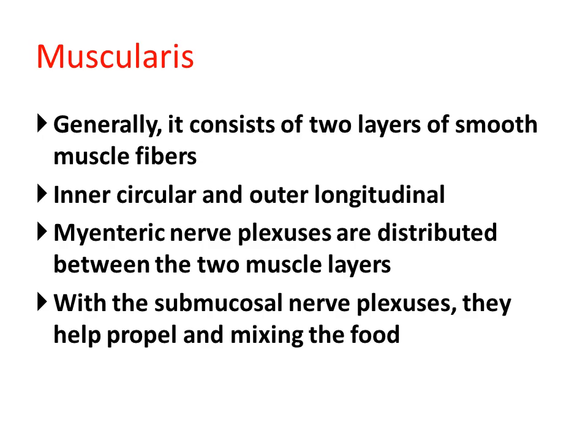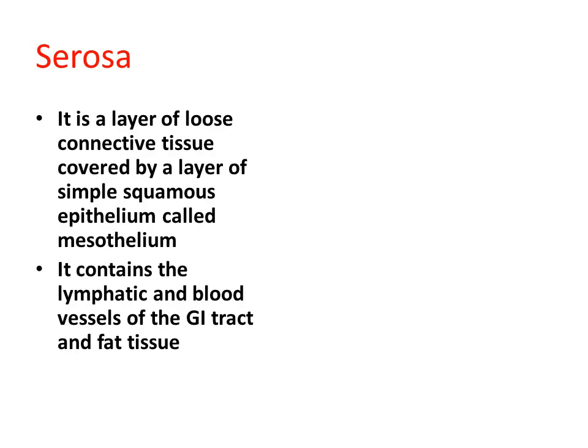Muscularis generally consists of two layers of muscle fibers, inner circular and outer longitudinal, and in between them there is the mesenteric nerve plexus distributed between the two muscular layers. With the submucosal nerve plexus, they help to propel and mix the food in the GI tract.